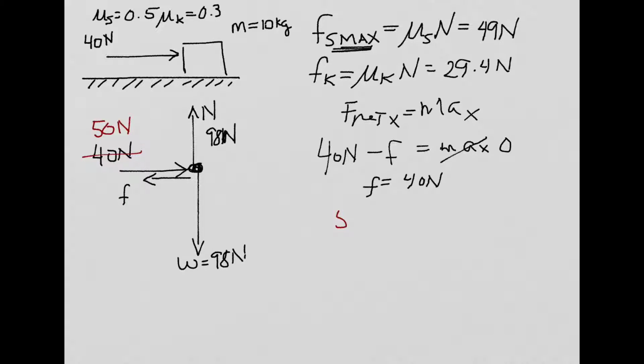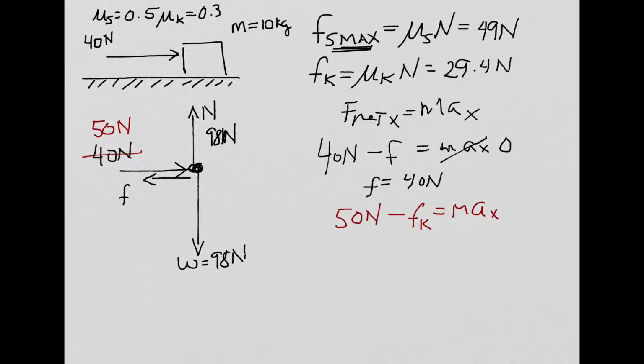Then I have 50 newtons is greater than 49, so the object actually is going to accelerate, and my friction would then be kinetic because the object is moving, and that equals m a x.